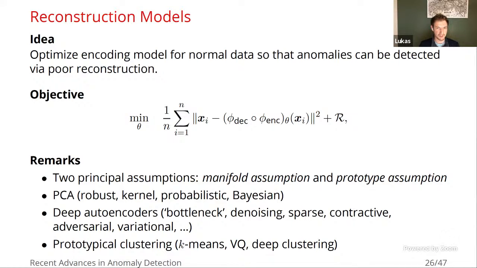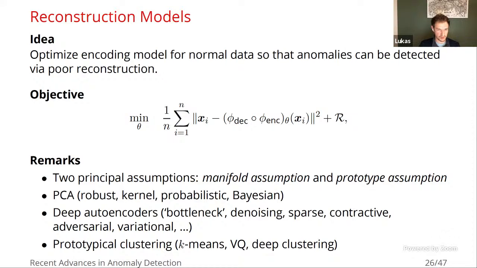And for these types of models, there are two principal assumptions underlying them. So one is a manifold assumption, and the other one is the prototype assumption. And the default reconstruction baseline or model, of course, is PCA, and there are several variants of PCA, robust or kernel PCA, also probabilistic formulations and Bayesian formulations that again provide a link to density estimation.